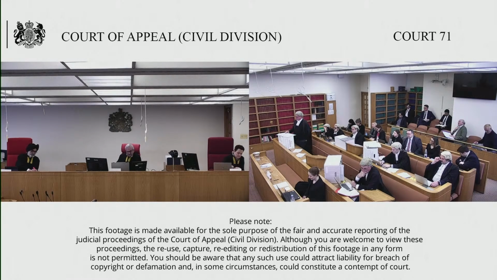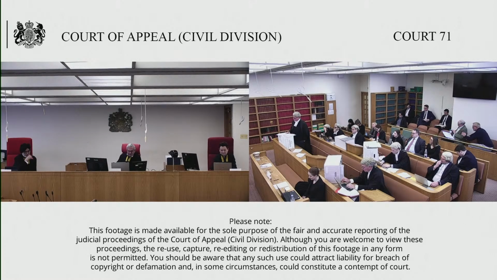On limb 1, you say the court can only ask whether the decision was one properly open to the executive, whereas on limb 3, the test is different. Is that your submission? No, my submission is that this is an issues-based judgment. Is the issue that you're considering one which is appropriate to accord respect on? That's the essence of all the reasoning from the Supreme Court that's gone before that I've taken you through.